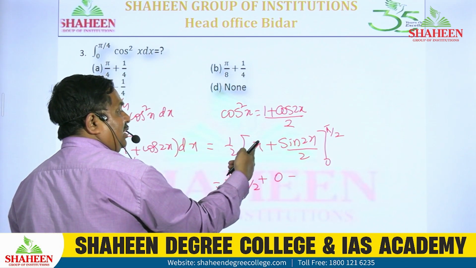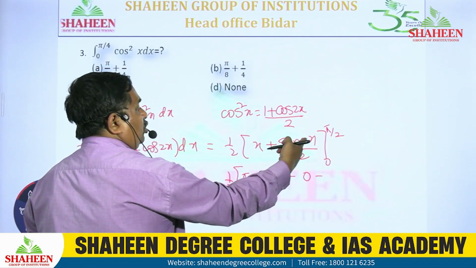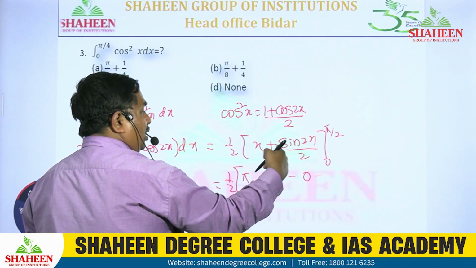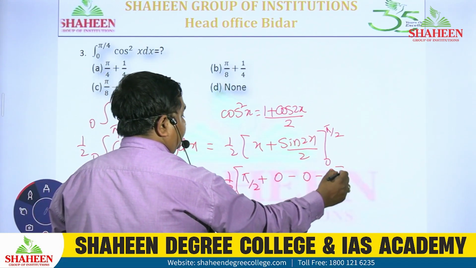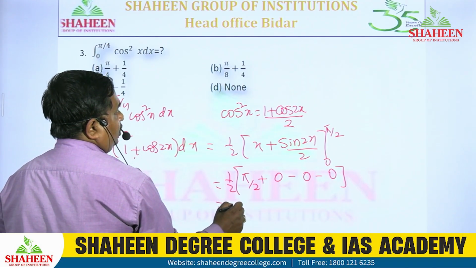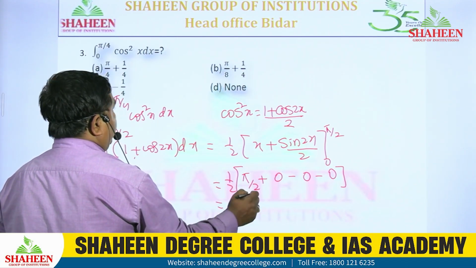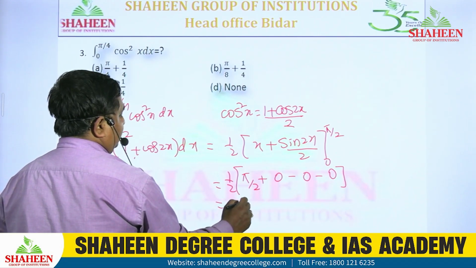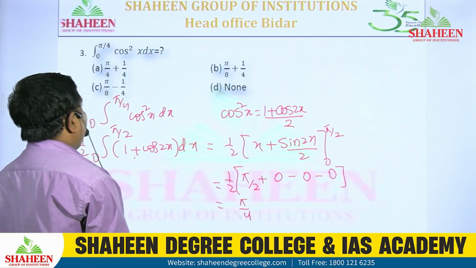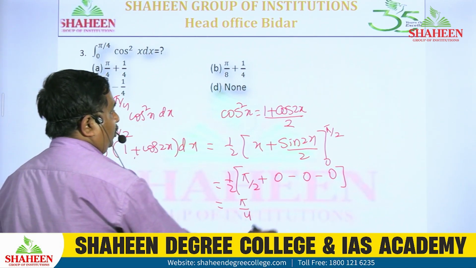On taking x equal to 0, it becomes 0 minus sin 2 into 0, which is sin 0, and its value is 0. Only pi by 4 is remaining in the bracket. So that becomes 1 by 2 into pi by 4.